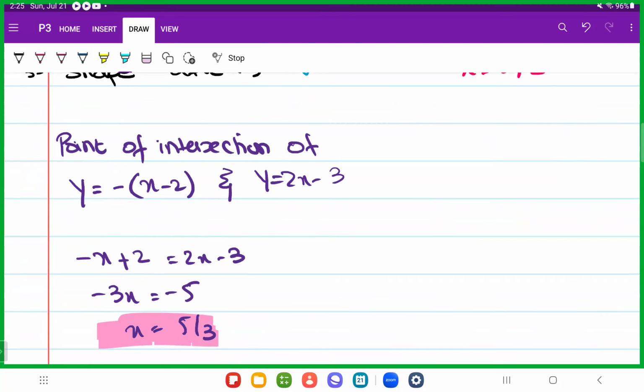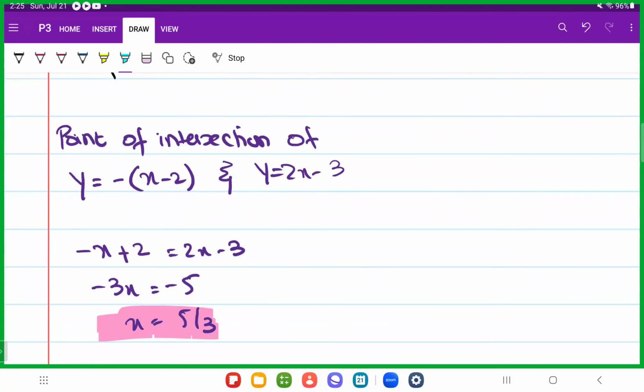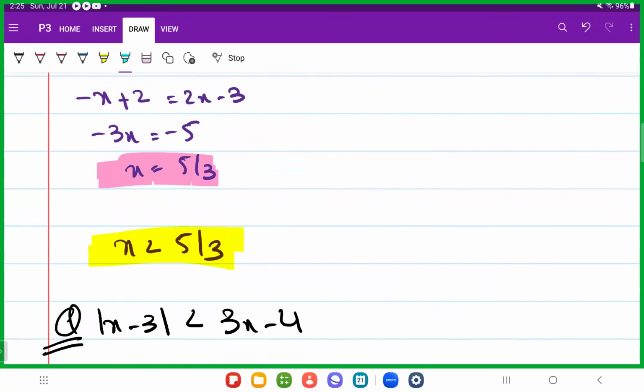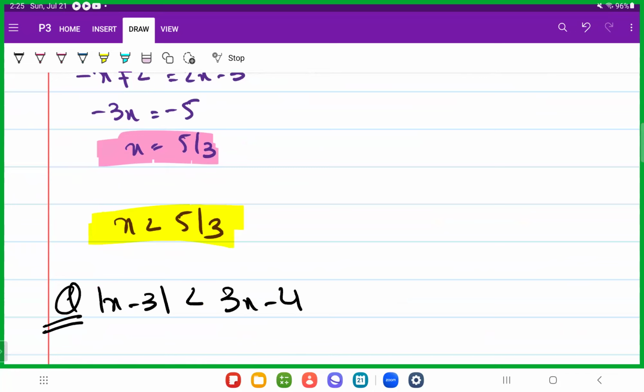So |x - 2| is equal to 2x - 3. You find out the point of intersection, and then basically it's less than that point. Why? Because we just figured out that the modulus function is greater on that region.